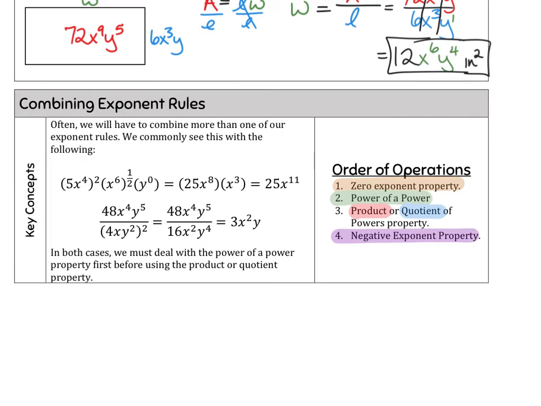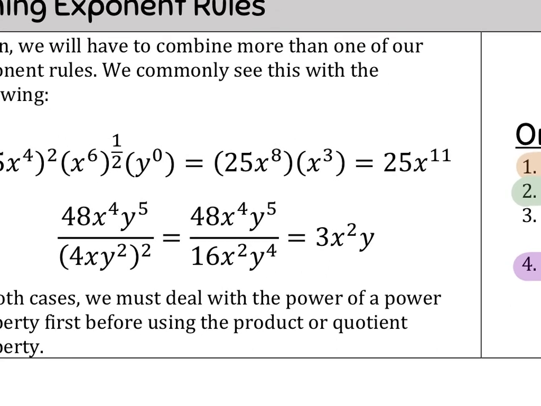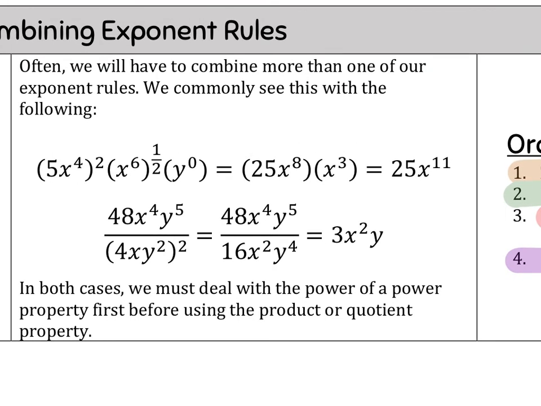So if you look at this first example here that they've typed on the screen, it's the first row. The first thing that they did is they said, oh, y to the 0 power, gone, that's 1. And then they did the product rule, so they multiplied 2 times 4 and 2 times 1, and 1/2 times 6.